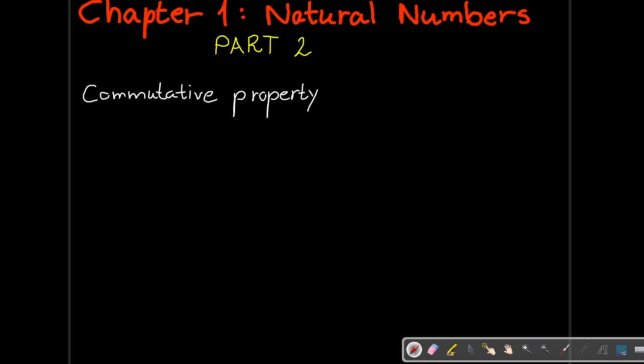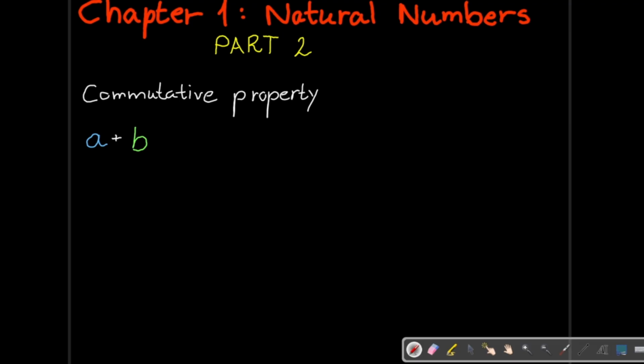and multiplication. So when we have two numbers, let's say number A and number B, this property tells us that we can add them together in any order.